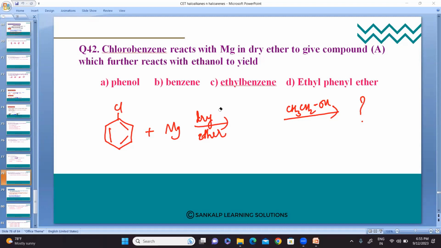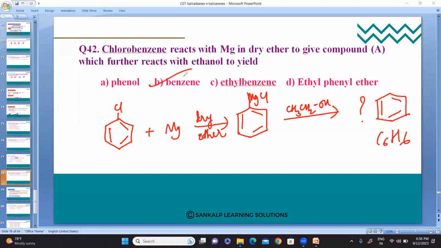When chlorobenzene is treated with Mg in dry ether, it forms C6H5MgCl. This on further treatment with alcohol forms benzene, C6H6. So benzene is the correct answer. So we'll go for the next one.